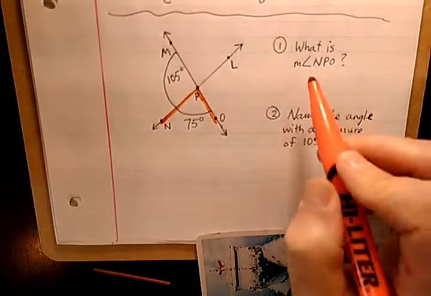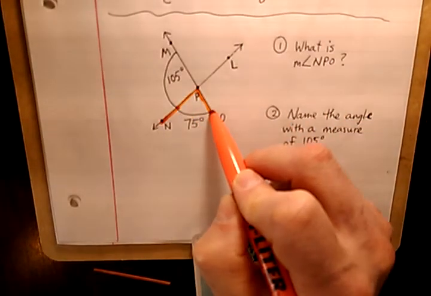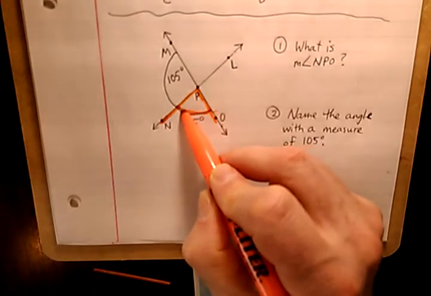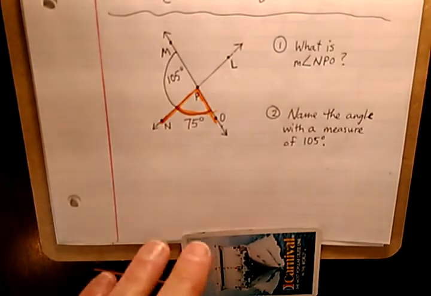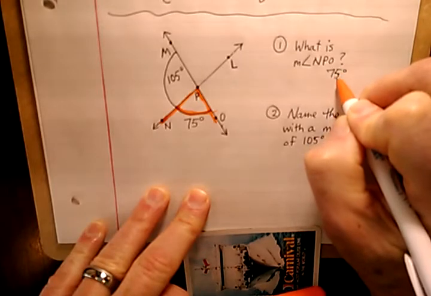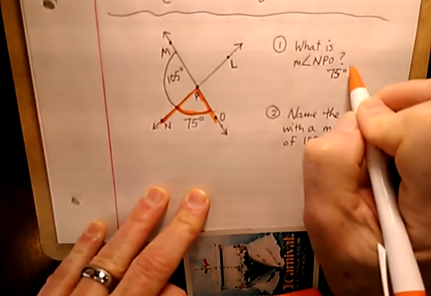And so we're looking at the measure of that angle. We want to know what's the rotation from this ray over to this ray, or from that one to that one. And we can see clearly this is the 75-degree angle. So we just answer it like that. 75 degrees is the measure of angle NPO.